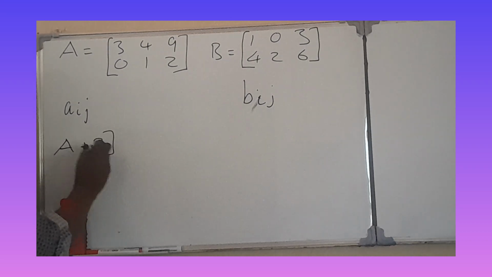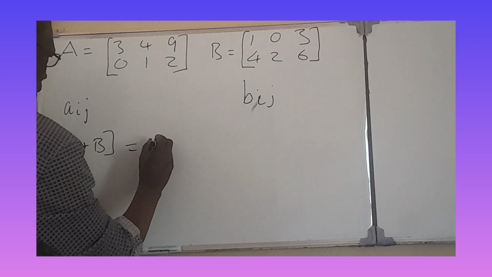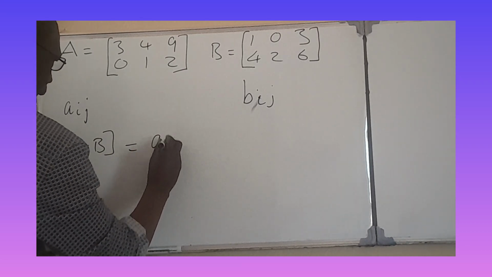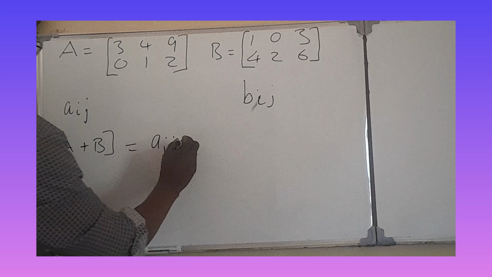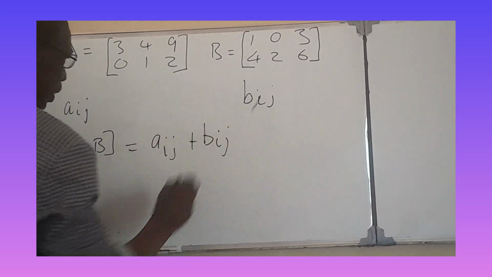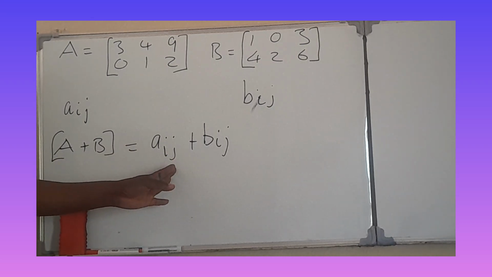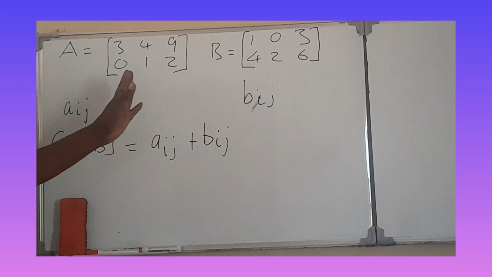So in terms of addition, we can represent this operation by A plus B. When we are adding matrix A to matrix B, it's a new matrix with elements of the form Aij plus Bij. In other words, every Aij is added to every Bij, just like we do.